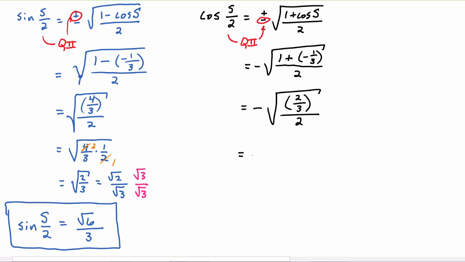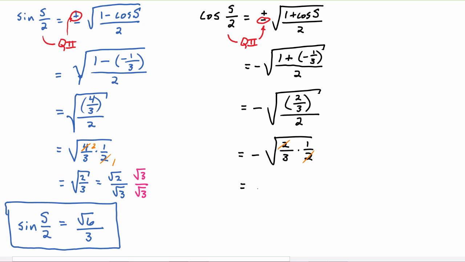This turns into negative square root of 2/3 times 1/2. Dividing by 2 becomes multiplying by a half. The 2 in the numerator and denominator will cancel.